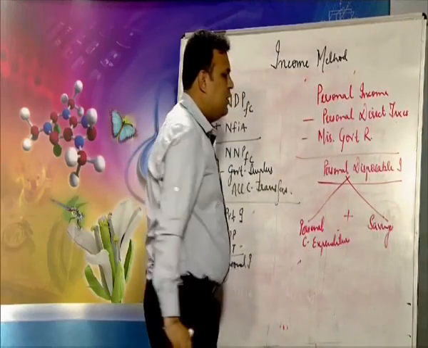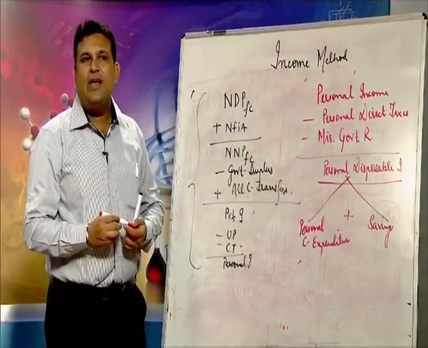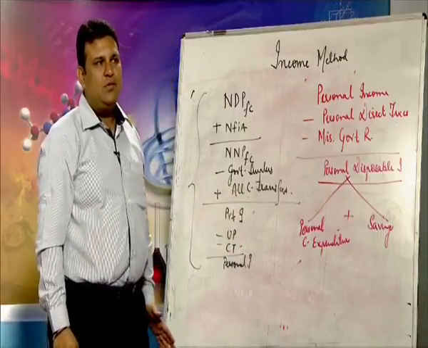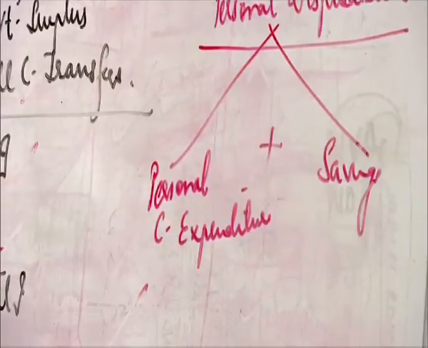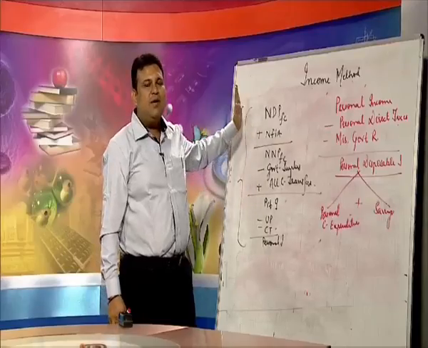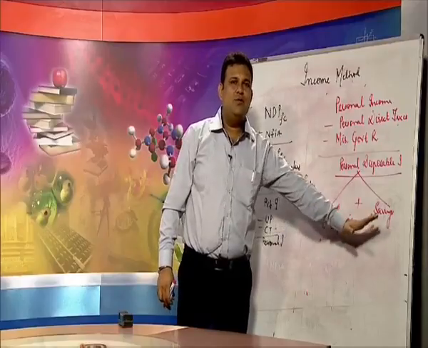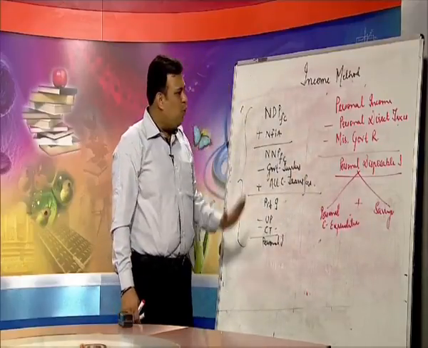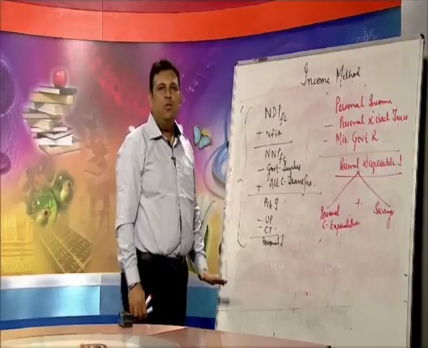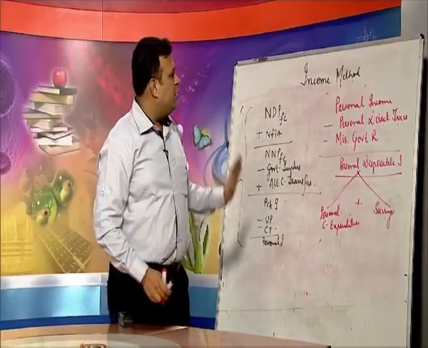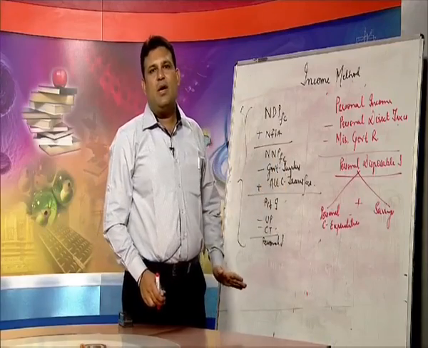So personal consumption expenditure, or you call it personal final consumption expenditure, and savings. So this is the income method. We have started from domestic income and concluded with personal disposable income. I hope with this it is very clear to you. It is very easy for you to do any type of numerical if the concepts are clear to you.